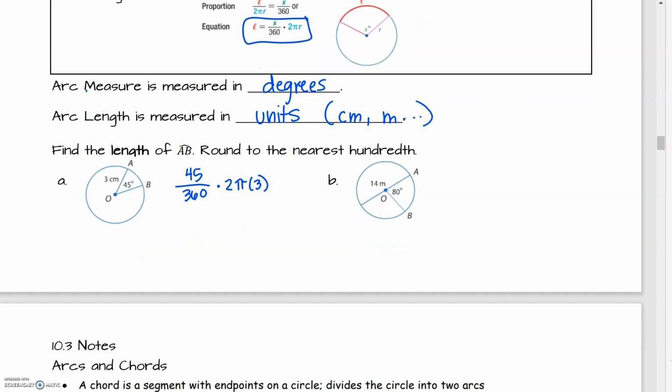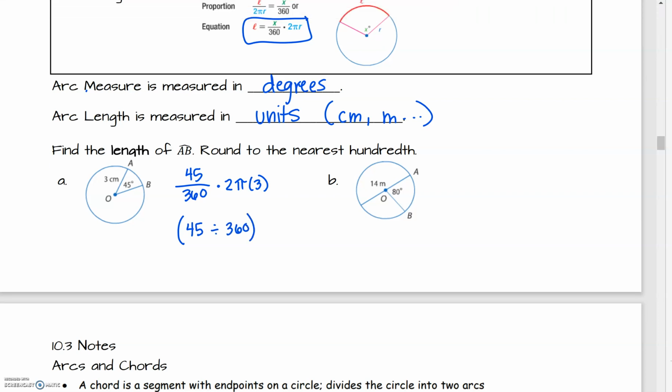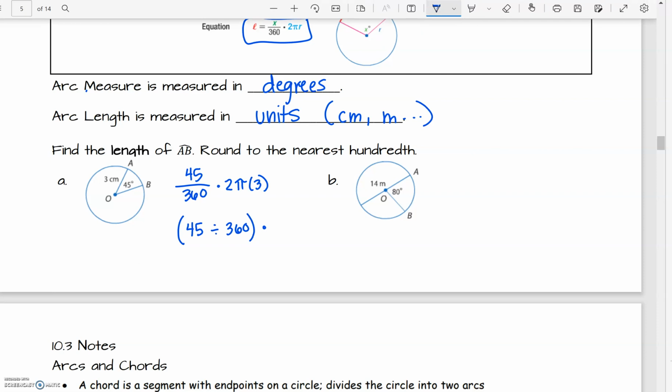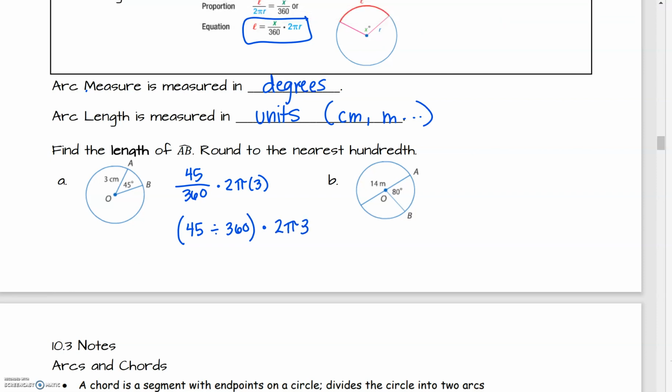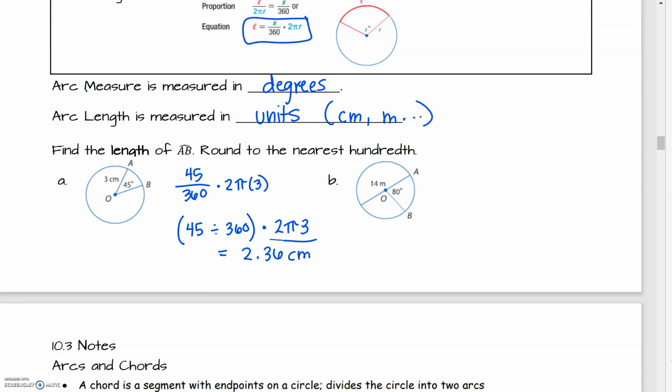So we are going to use our calculator and put 45 divided by 360 in parentheses, times 2, and then our pi button, and then times 3, and then hitting enter, and we should get 2.36 centimeters, which is the length of AB.